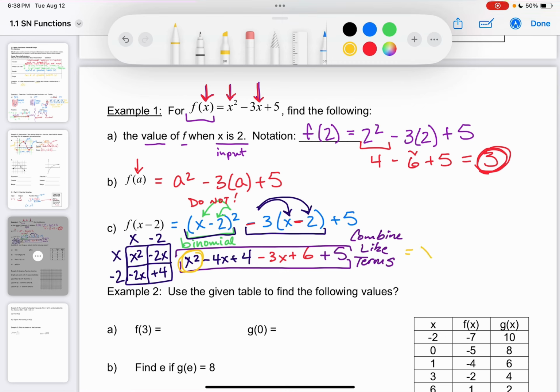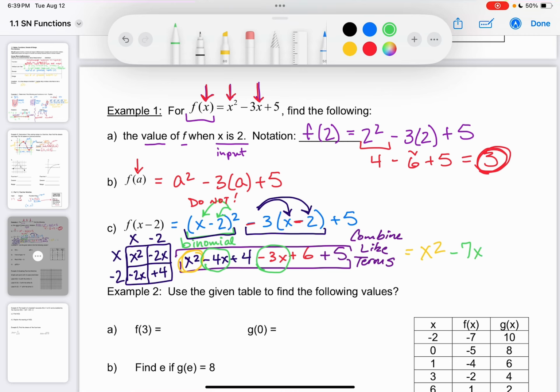So I'm going to put x squared. Then I'm going to look at everything that has an x attached to it. So look, I've got a negative 4 and a negative 3. Negative plus a negative is more negative. So negative 4 plus negative 3 makes me more negative.